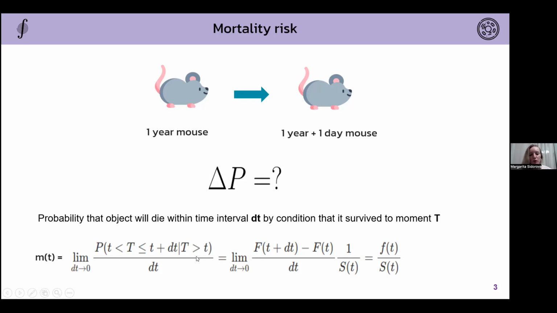If we want to estimate this probability for some period dt, we can take the limit, and with the expressions for survival and death probability, we can get this formula. So again, the mortality risk, also called hazard, is the probability of death within some little time interval.